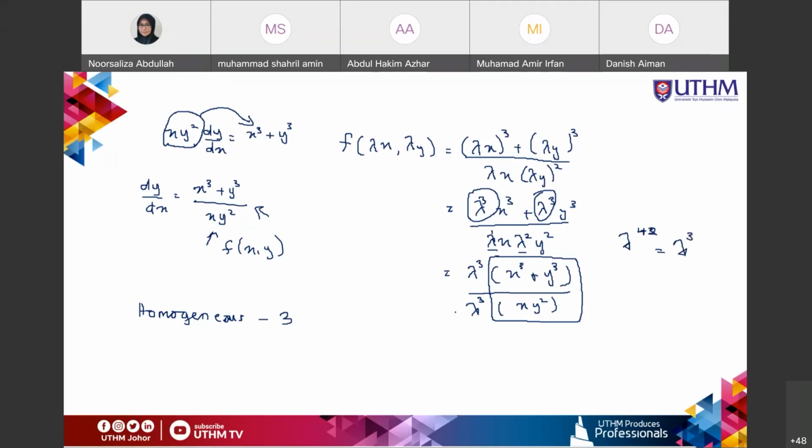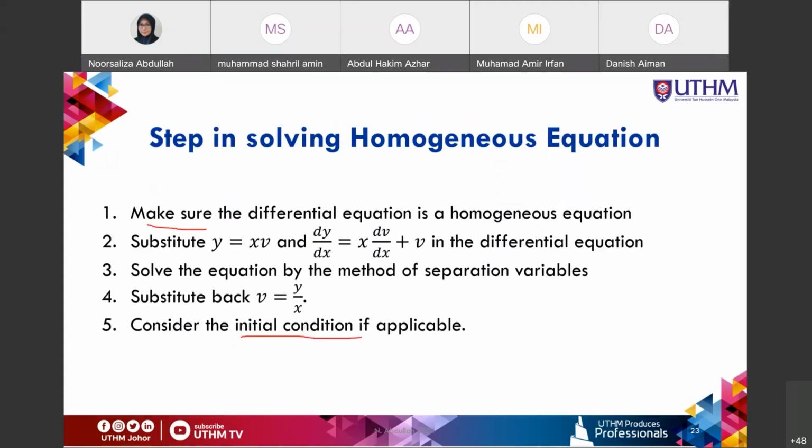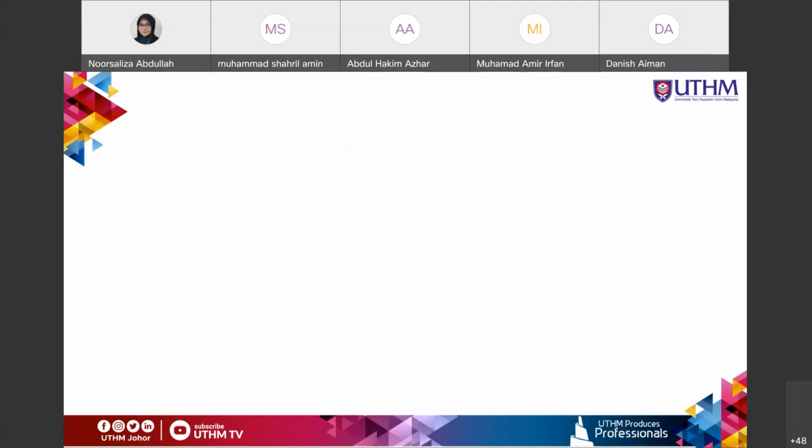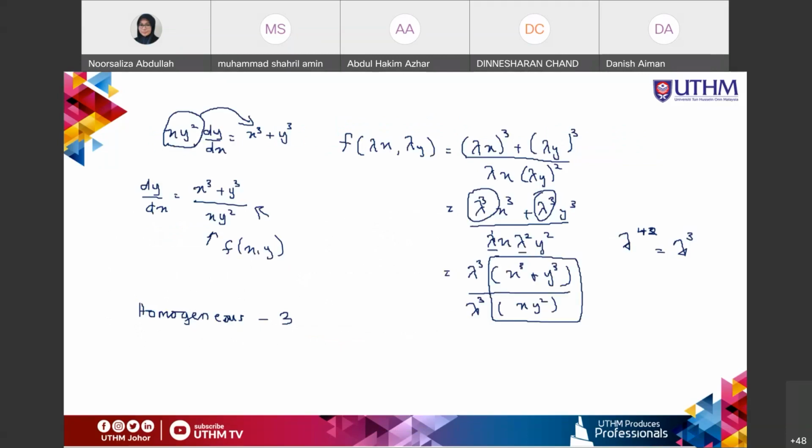So this is a homogeneous. So next step is you have to substitute y with x v and dy over dx with x dv over dx plus v. Puan, yang kalau nak identify homogeneous tu, boleh tengok power saja boleh ya? Contohnya yang question tadi kan Puan, yang x power 3 plus y power 3 per x y power 2.